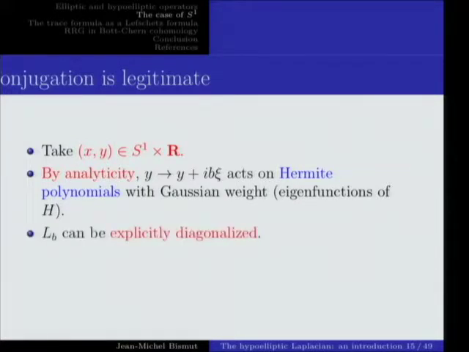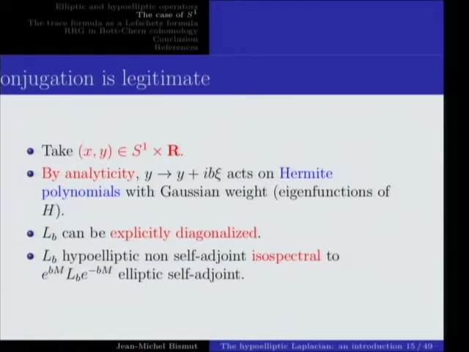So in some sense, the operator L_b can, in this situation, be explicitly diagonalized. And what you find ultimately is that the isospectrality property holds true, even though the intertwining map between the two operators is an extremely unbounded operator, not acting on any reasonable space other than the space of analytic functions.